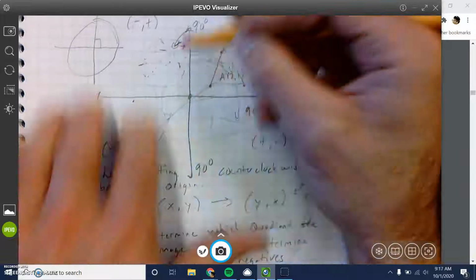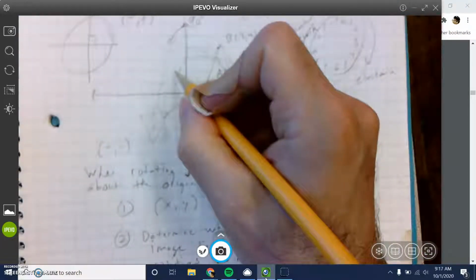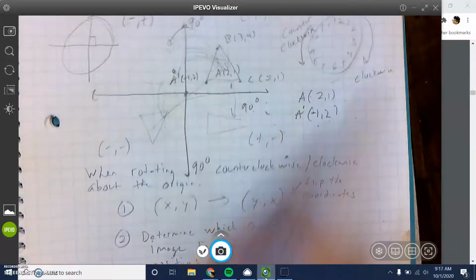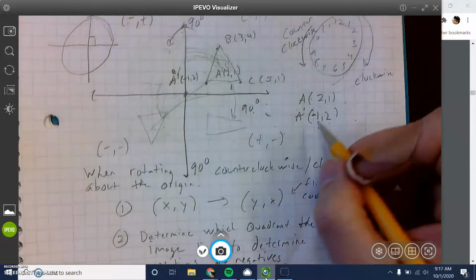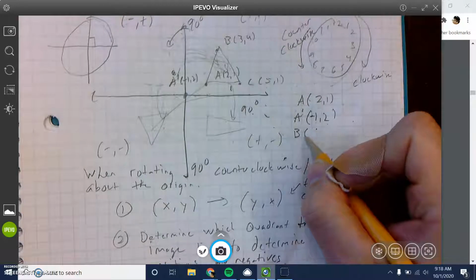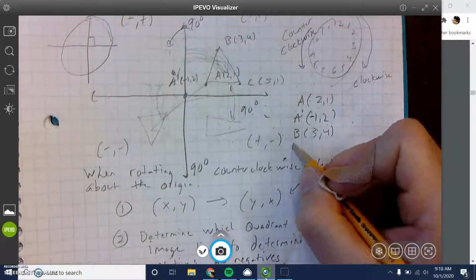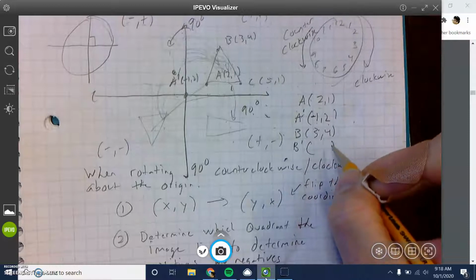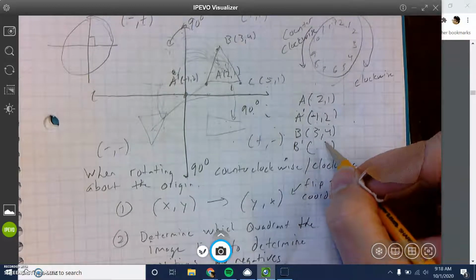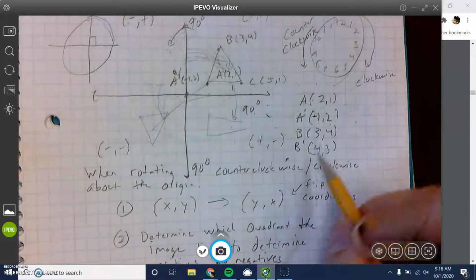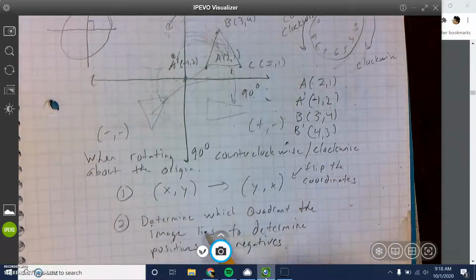Now we're going to get the actual image in here. So negative 1, positive 2. This is A prime. Cool. All right, now we've got to do B. Original B is 3, 4. Got it. B prime now. First step, flip the coordinates and determine what quadrant we're in.